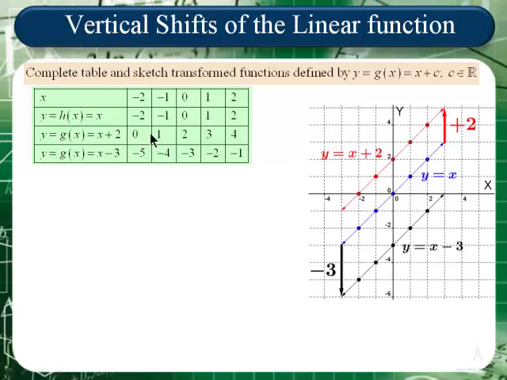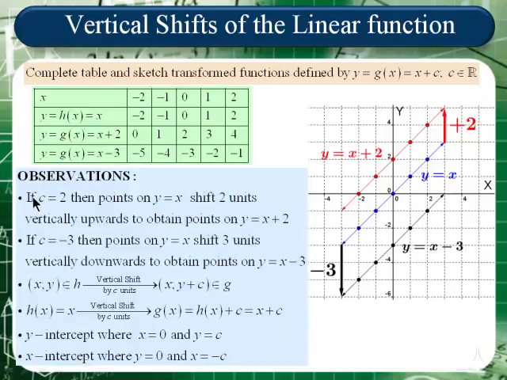Thereafter we can plot the points and either get the red one, which is linked to the defining equation y equals x plus 2, or you can get the black one, which is linked to the defining equation y equals x minus 3. Now what do we note, or what do we observe?